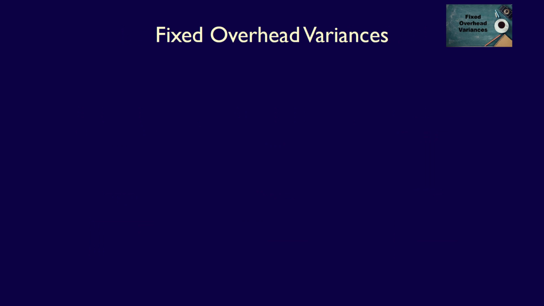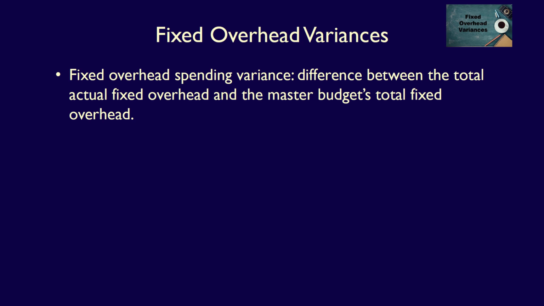Why is this important to understand with regards to the fixed overhead variances? Well, it's because it'll help you understand why these variances are being calculated. First, fixed overhead costs do not change with the level of activity, so the fixed overhead spending variance is the difference between the total actual fixed overhead costs and the master budget's total fixed overhead at the original level of activity.